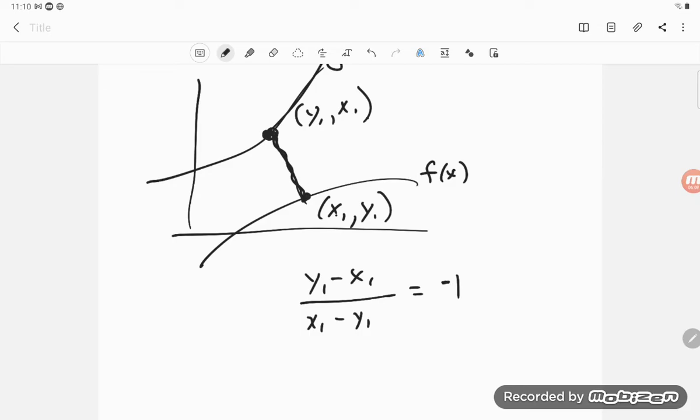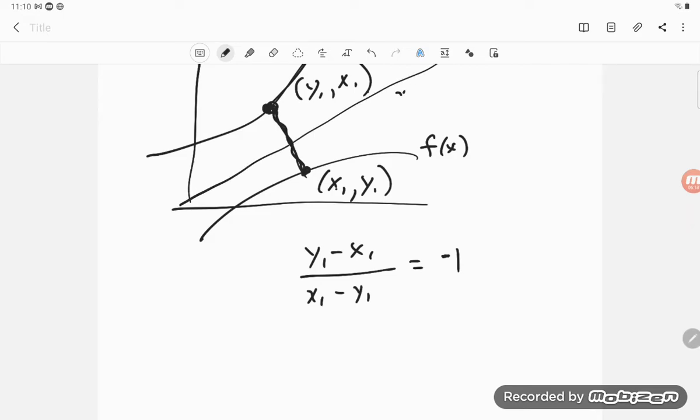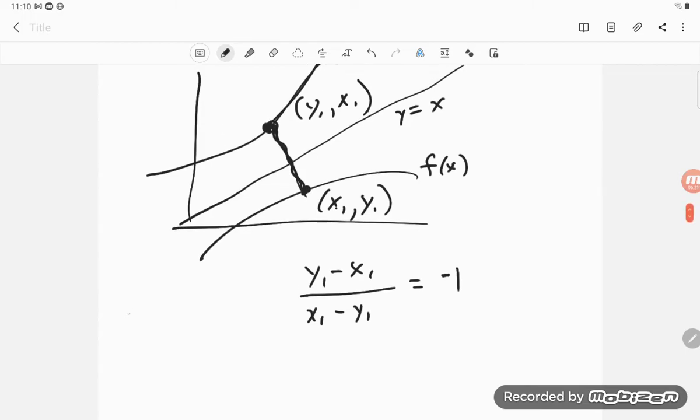And so it's perpendicular to the line y equals x, because if I take two slopes, if m1 times m2 is equal to -1, the lines are perpendicular.